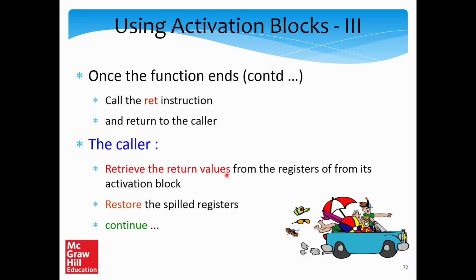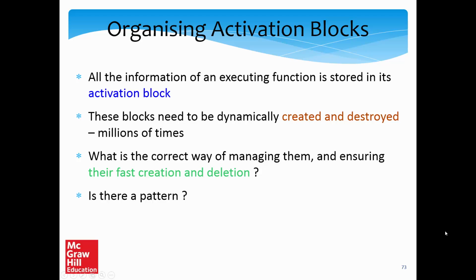Then in this case, since we assume caller saved registers, we restore the spilled registers and we continue. So up till now we have discussed the main idea of an activation block. We have not really discussed the exact ways in which we want to implement them. But the basic idea is clear that we have two instructions, call and ret.